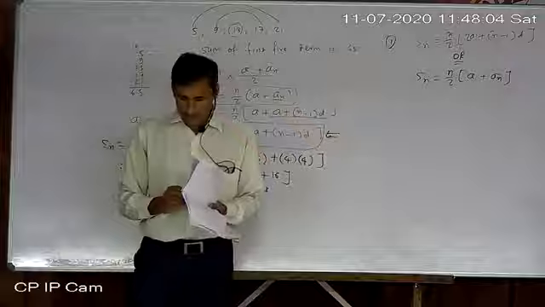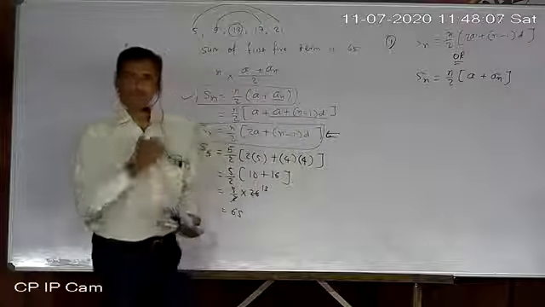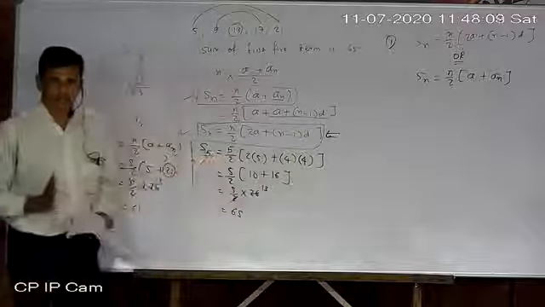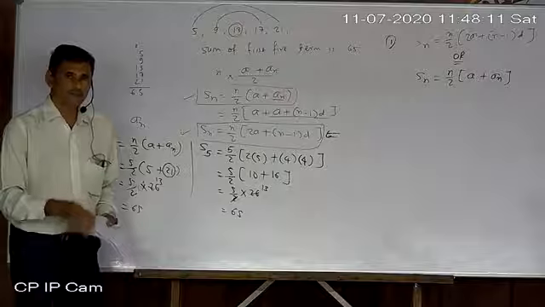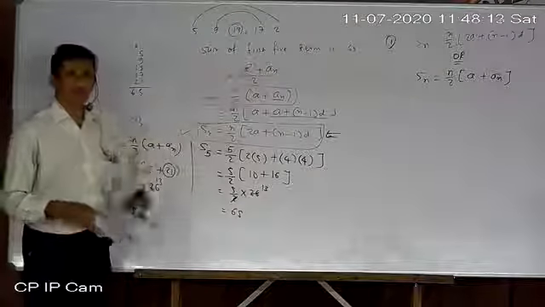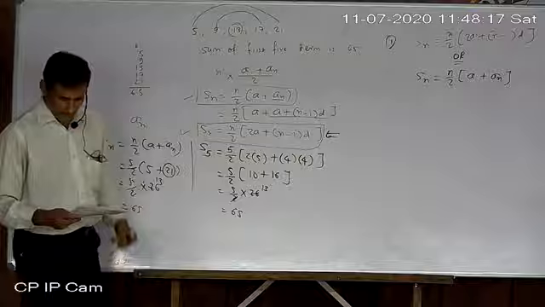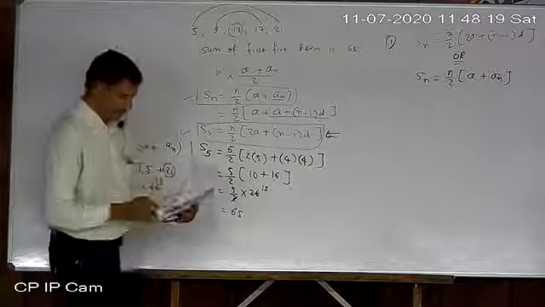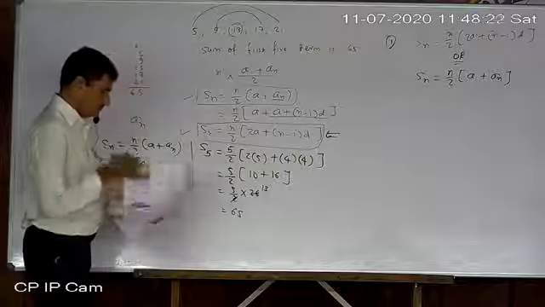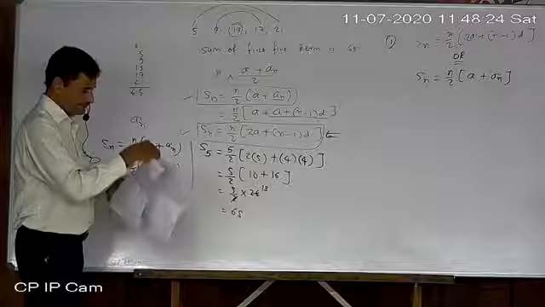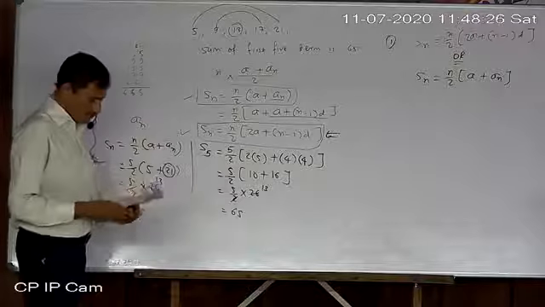Okay. Now we go to exercise 5.3. In the first one, very simply, only this formula, how to use it. That much practice is given. Look at exercise 5.3. Find the sum of the following APs.